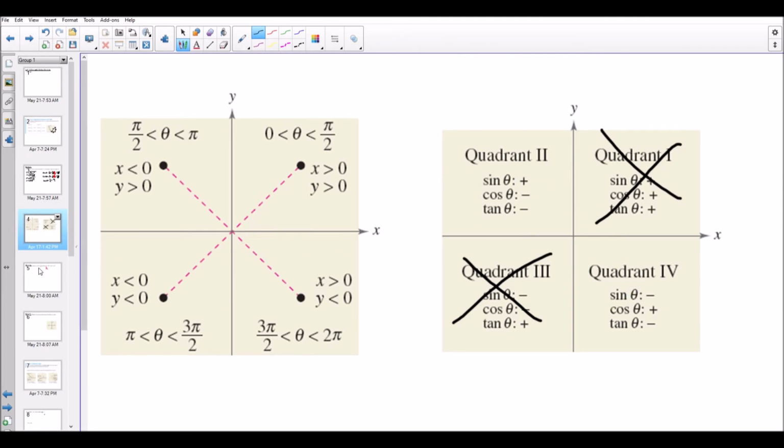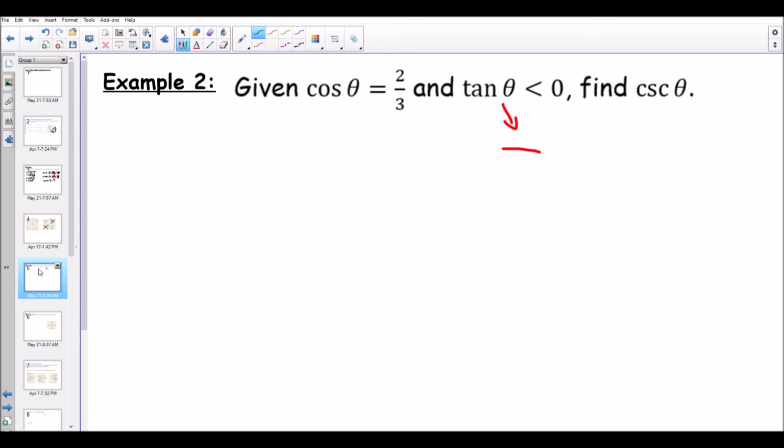Well, there's actually one other piece of hidden information in this problem. It's so hidden it's kind of staring you in the face, and that's this information here. The cosine of theta is equal to 2/3, and 2/3 is positive.